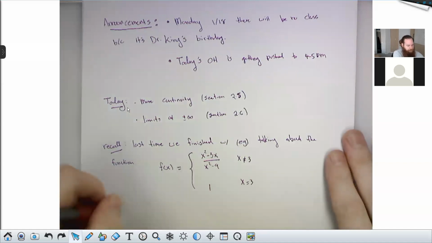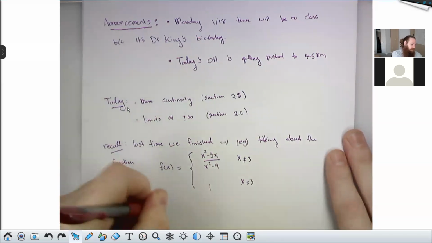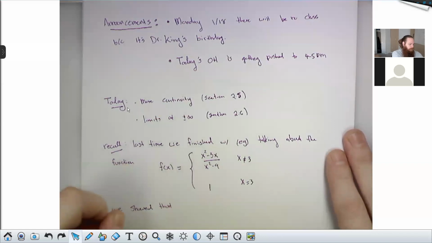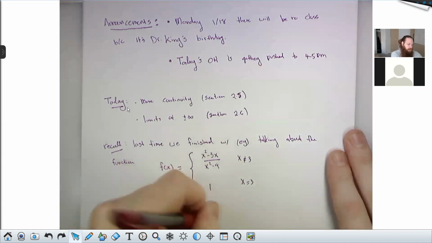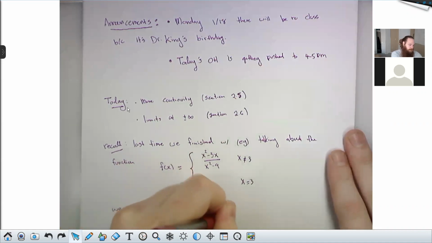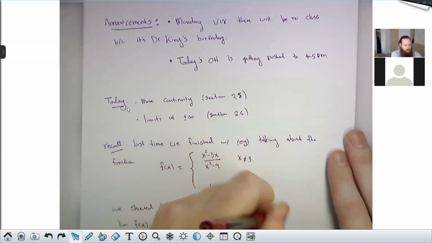We showed that the limit as x goes to 3 of f of x, which is the limit as x goes to 3 of x squared minus 3x over x squared minus 9, was equal to the limit as x goes to 3 of x over x plus 3, which is 1/2.